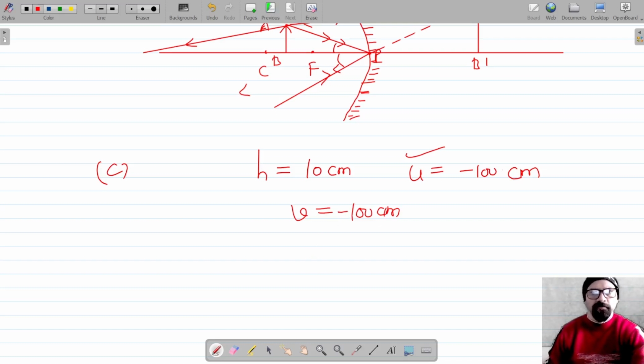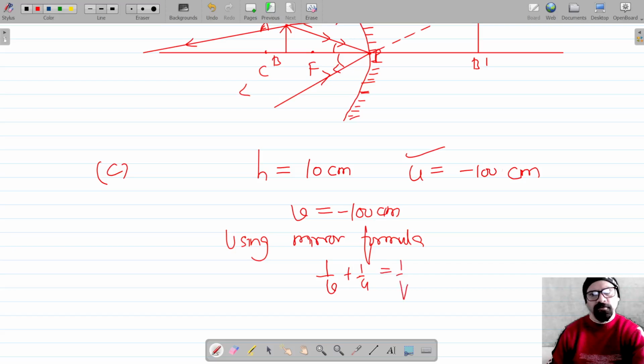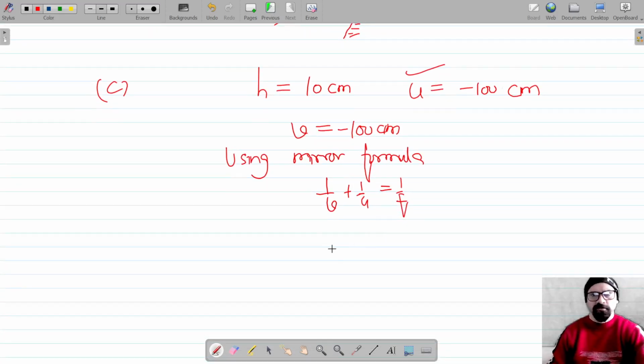Now we have to find the focal length and we are going to use the mirror formula. So mirror formula is 1 upon v plus 1 upon u is equal to 1 by f, which gives me 1 upon negative 100 plus 1 upon negative 100 is equal to 1 by f.